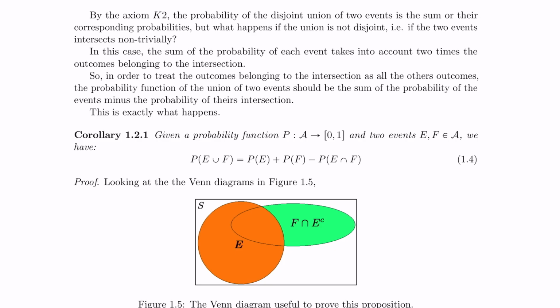Of course, if you think about it for a second, there's absolutely no reason to count the outcomes in the intersection twice. To reestablish an equal treatment of the outcomes, we expect that the probability function assigns to a non-disjoint union of events the sum of their probabilities minus the probability of the intersection. The following result, which is an immediate consequence of the previous theorem, says that this is exactly what happens.